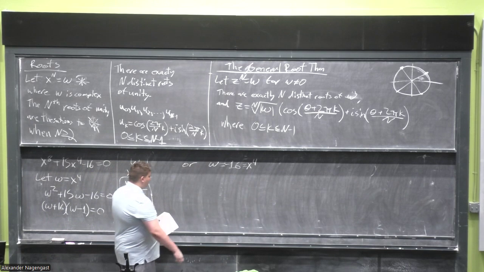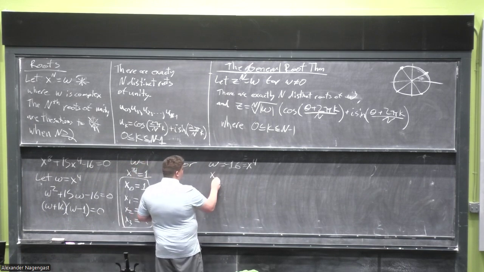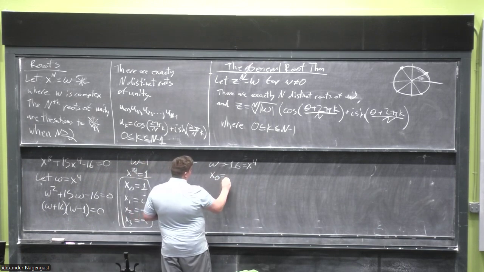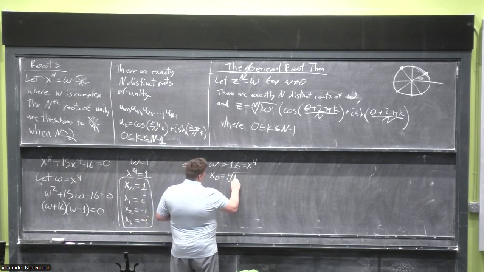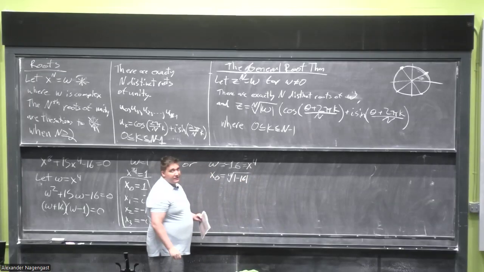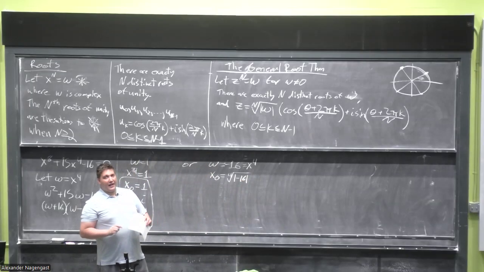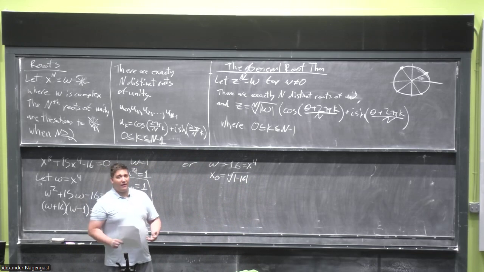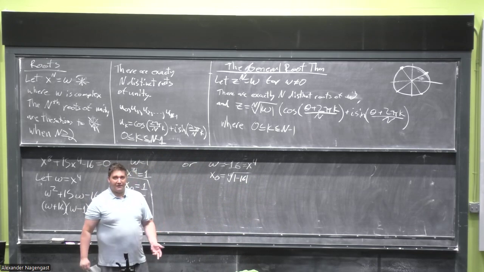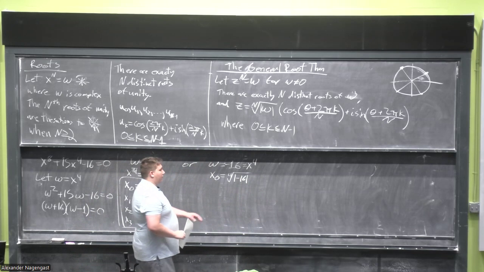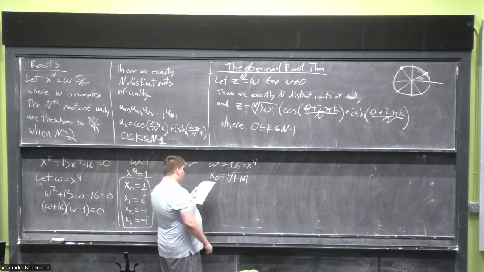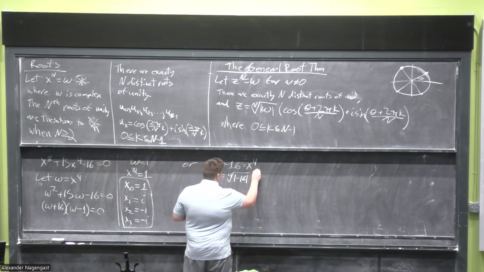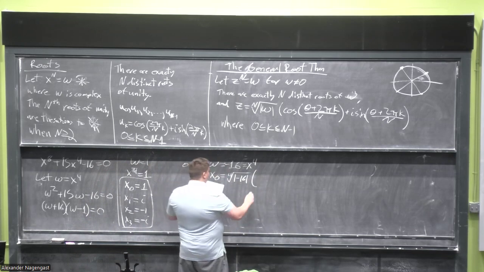So we have x naught equaling the fourth root of the modulus of 16. Now note, this is the modulus of 16, not the absolute value of 16. However, it does mean the same thing in this instance. So we just have positive 16 and we take the fourth root of it, times cosine.